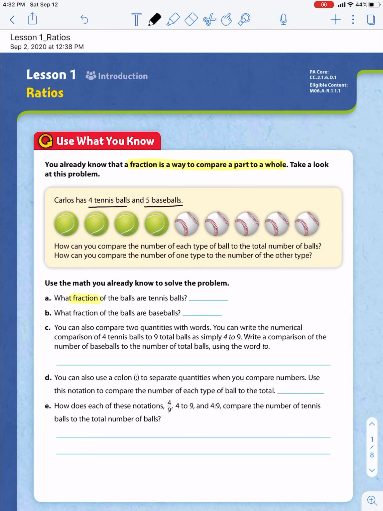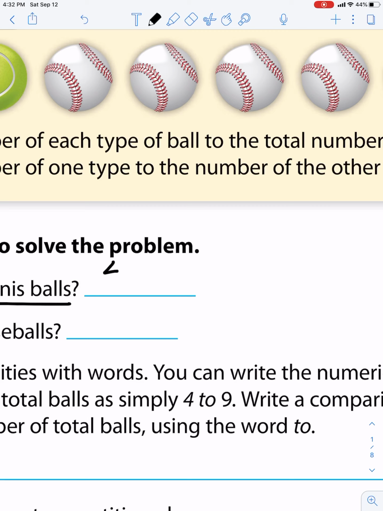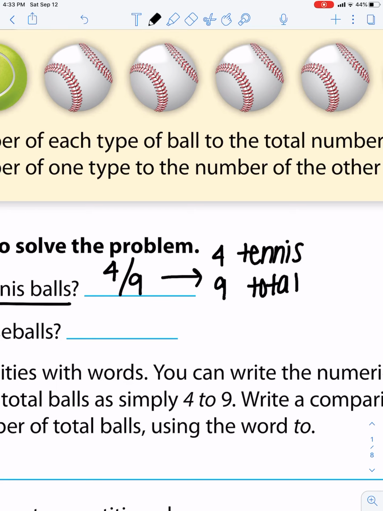So I know that I have 4 tennis balls. And I know that 4 plus 5 gives me 9. So the 4 represents the tennis balls, and the 9 represents the total number of balls in this problem.